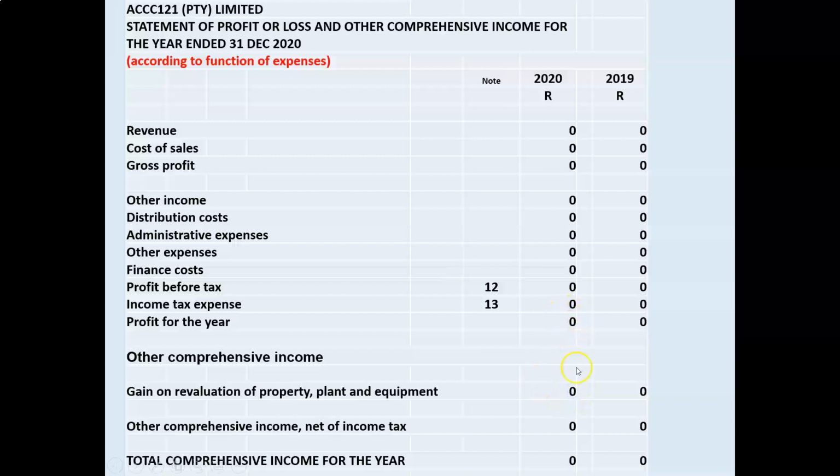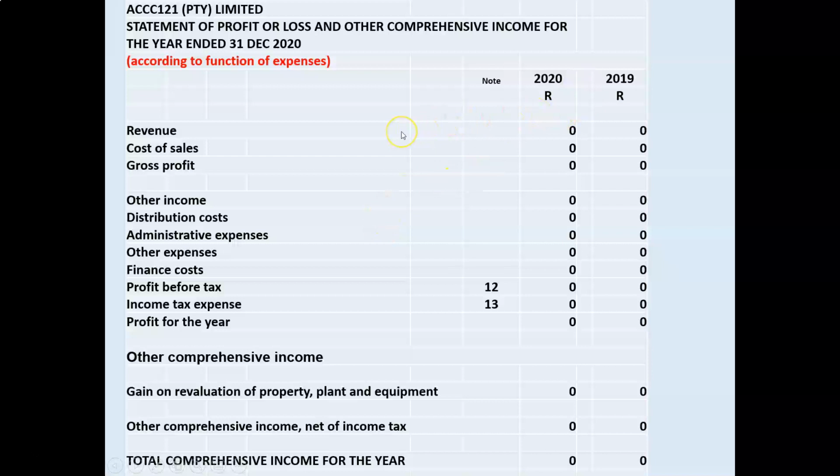So in totality, we will still record the total end result of the income statement, but it will be recorded in two places, one in retained earnings and the second in the revaluation surplus account. And then we get total comprehensive income for the year. So clearly one statement. Now IAS 1 gives you the choice. You can either follow the one statement approach or the two statement approach.